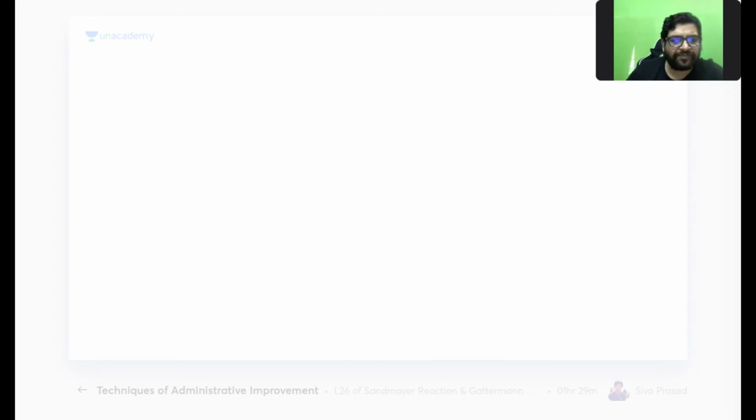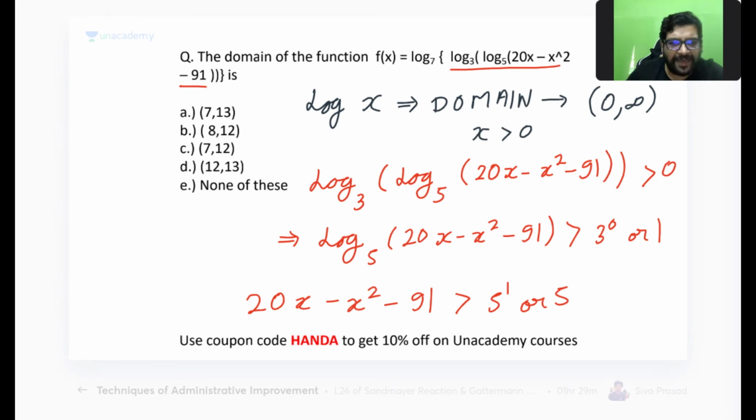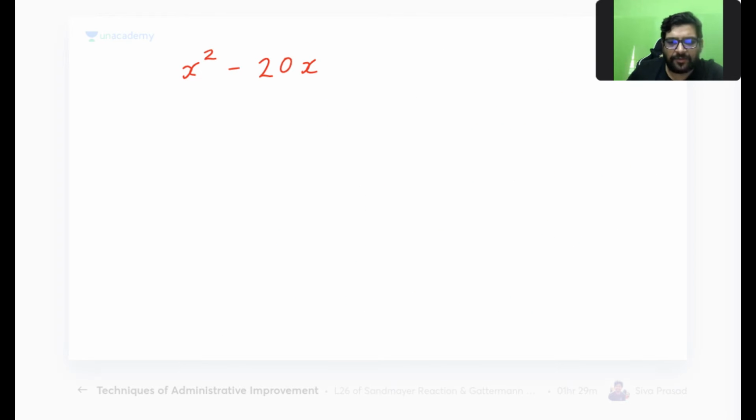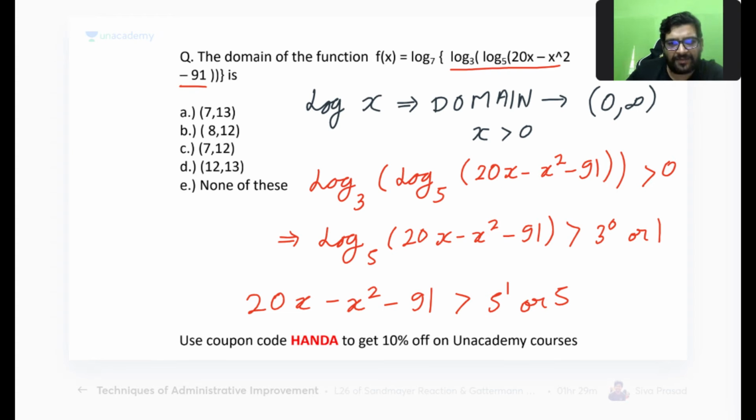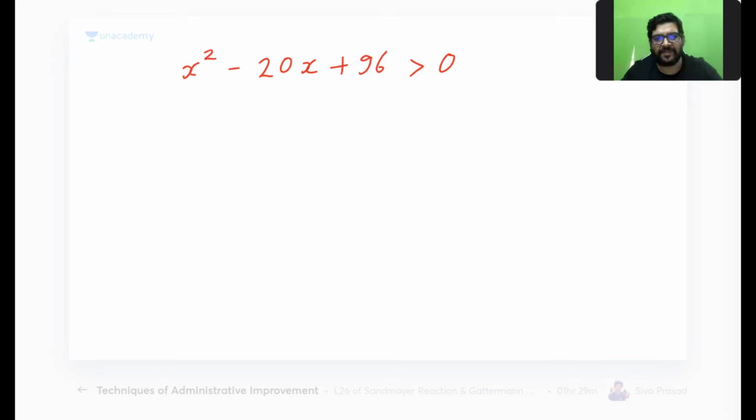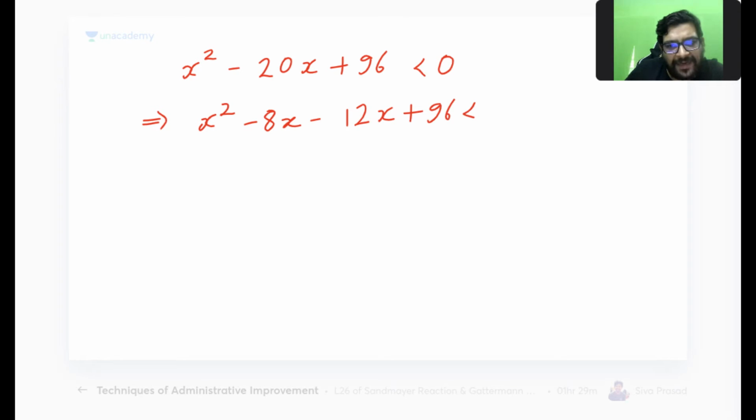which will give me the equation as x square minus 20x, and this goes to the other side, plus 96 has to be less than 0, which will mean x square minus 8x minus 12x plus 96 is less than 0, which will give me x minus 8 into x minus 12 is less than 0.